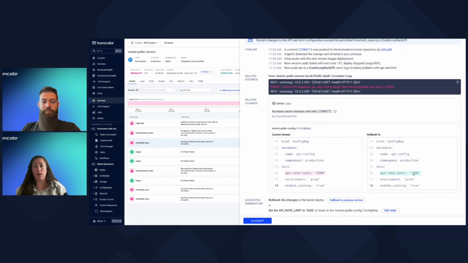letting you know what was before, what happened after the change, and once you have all that information, you know exactly what to do, you know exactly where to go to.